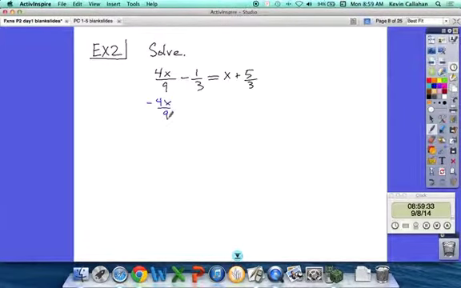Subtract 4x over 9 from both sides. That gives me 1/3 equals, if I call that 9/9, that's 1. 9x over 9 minus 4x over 9 is 5x over 9. I still have the 5/3.